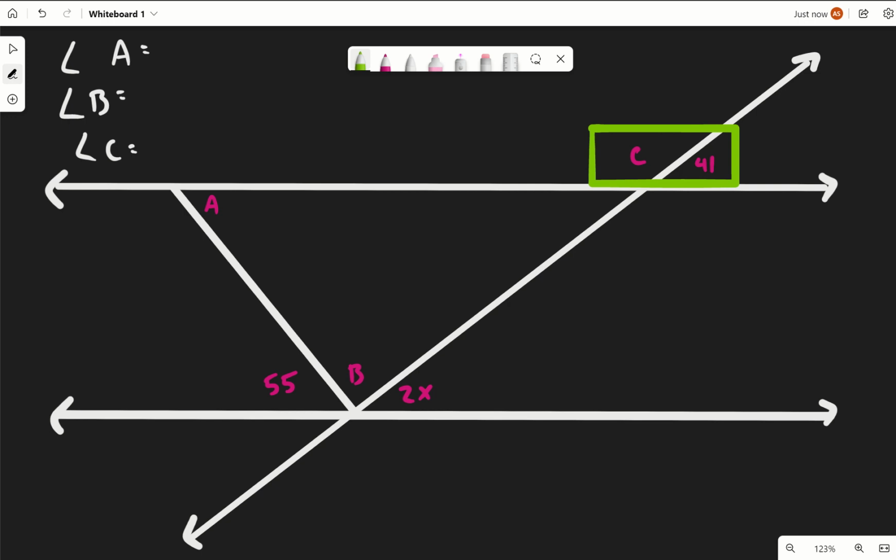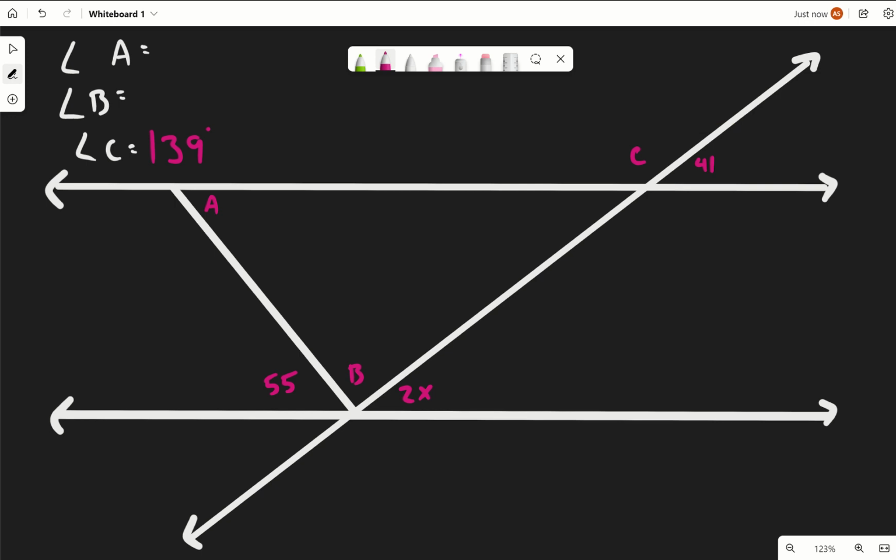So in order to solve angle C, we're going to do the math problem, 180 minus 41. That's going to give us our value of C, which happens to be 139 degrees. So we know that C equals 139 degrees, because C plus this acute equal 180.